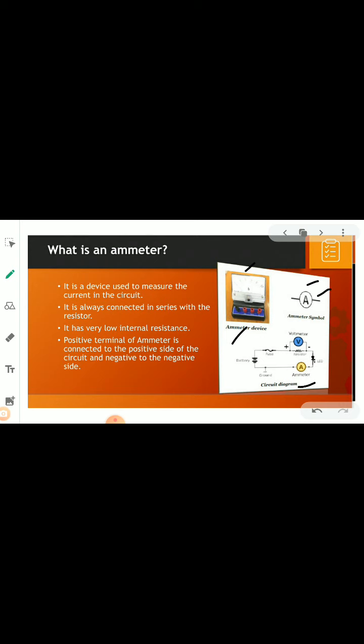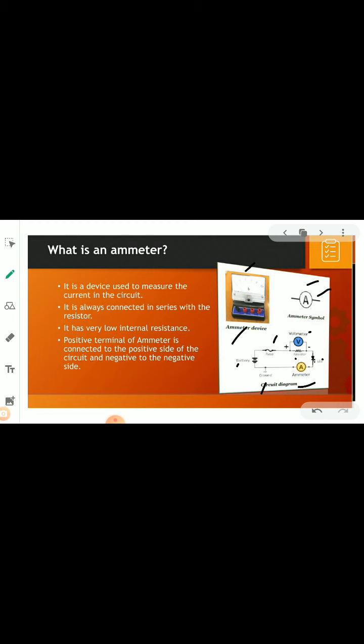You have to remember it. You can see the circuit diagram here, where the ammeter is connected in the circuit, with the battery, fuse, resistor, voltmeter, LED bulb, and ammeter, and a ground connection.